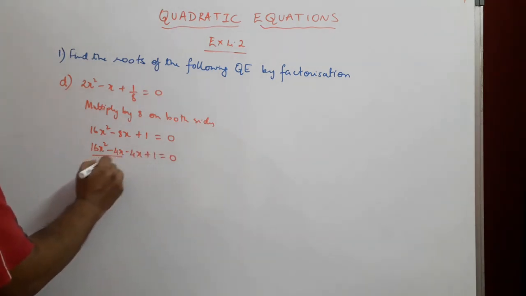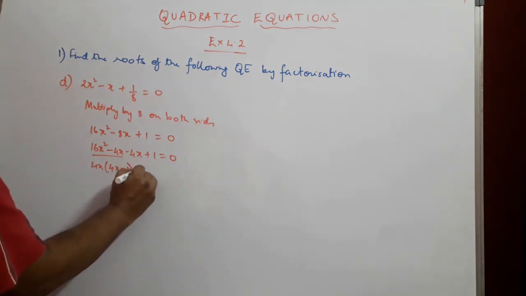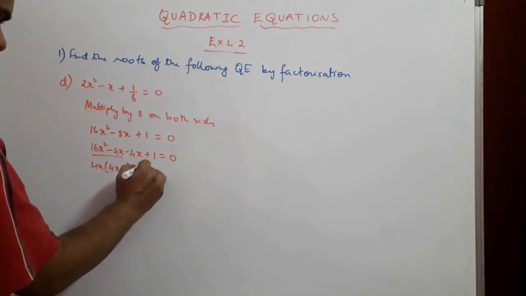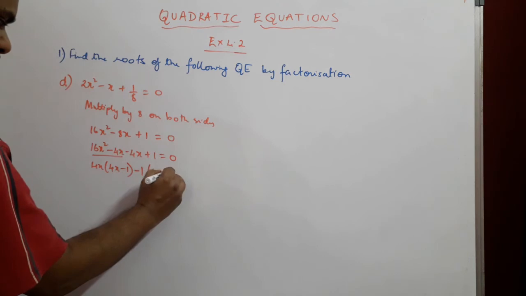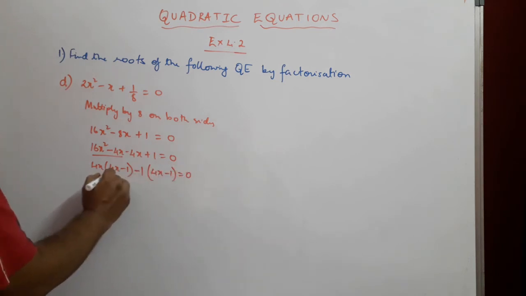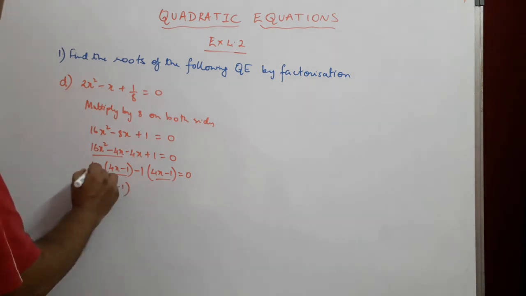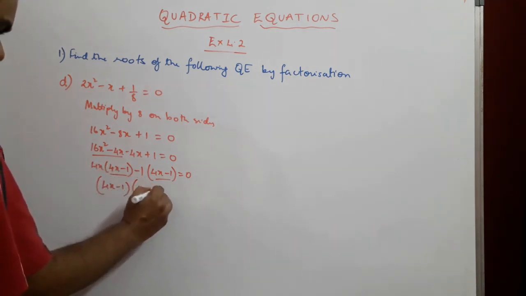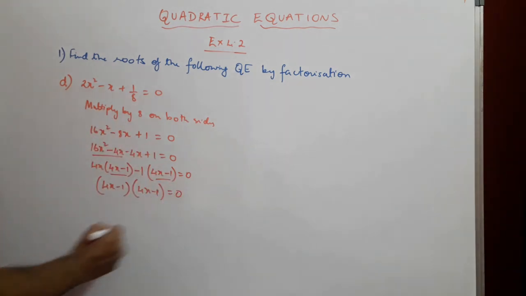So we take 4x common between the first two, we are left with 4x minus 1. Here we'll take the negative sign common and put minus 1. We get positive 4x minus 1 equal to 0. So we take what is common first, 4x minus 1, and what is left is also 4x minus 1. So basically this was 4x minus 1 the whole square.